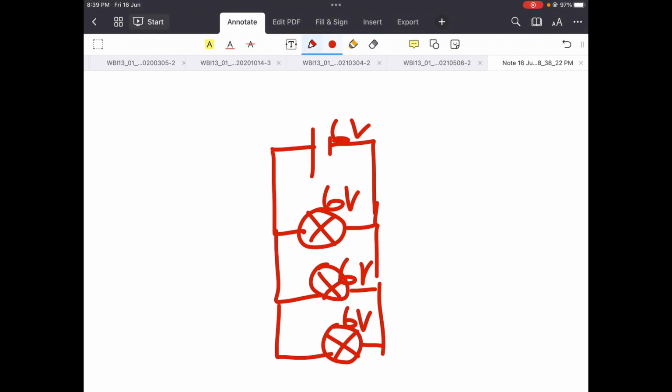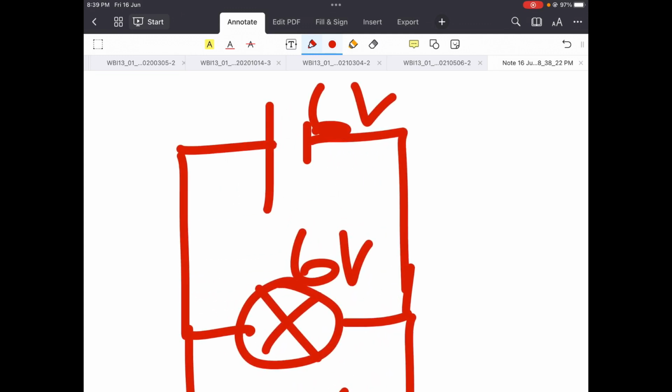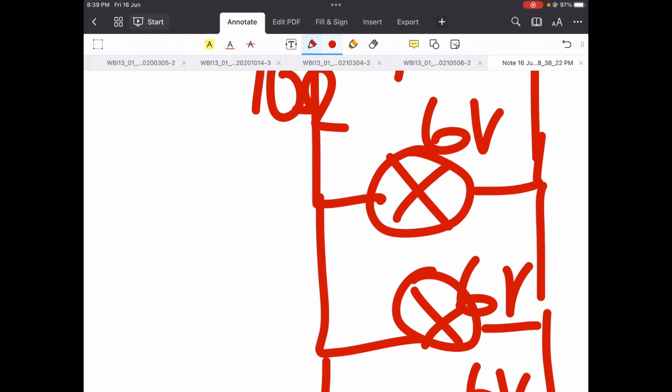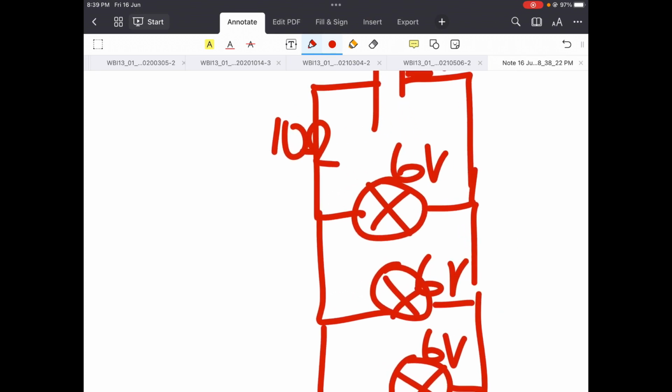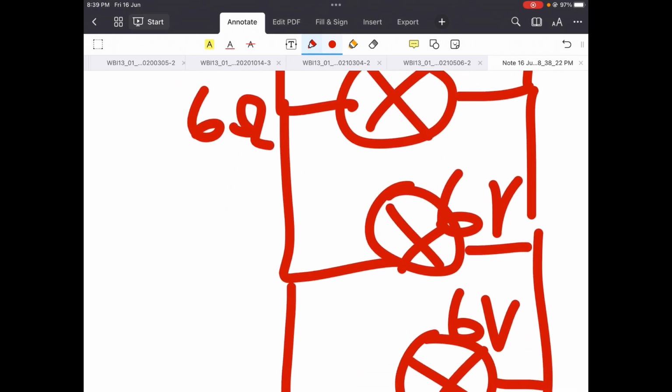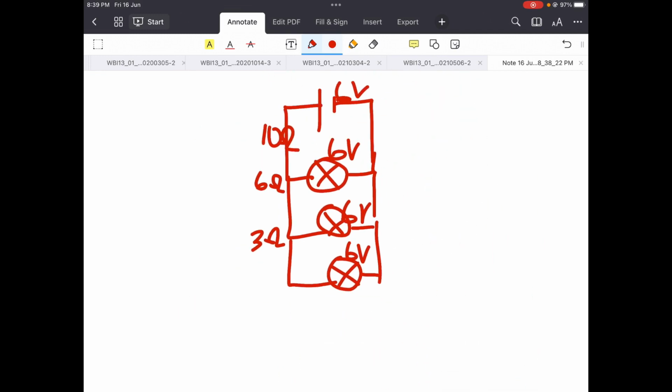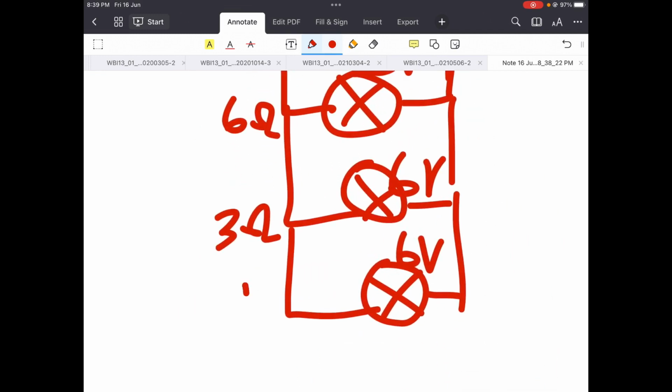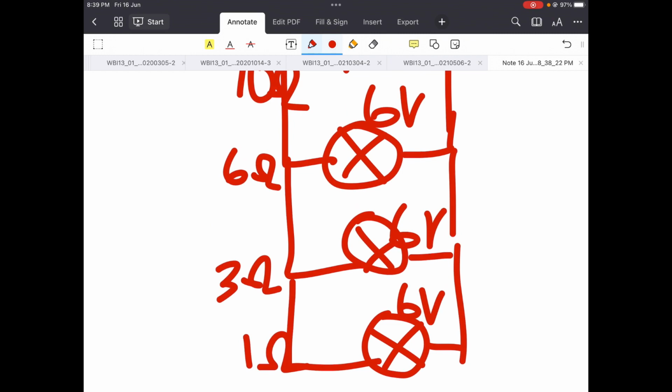What about the current? What happens is the current splits at a junction. Let's say you have 10 amps. Each of these 10 amps will split depending on the ratio of the resistances of the filament lamps. So let's say this splits into 6 amps, this splits into 3 amps, this splits into 1 amp.